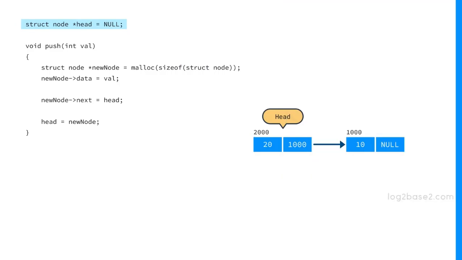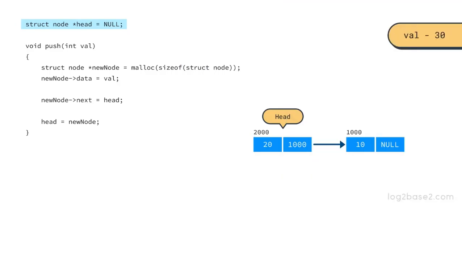Now let us insert another element 30 to this stack. So call push of 30 and now use the malloc function to create a new node. So a new node is created and now add the value to it. So write new node data equal to val. So 30 is stored in the data part of the new node.